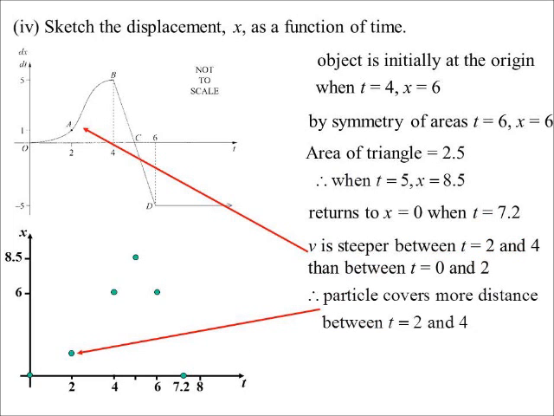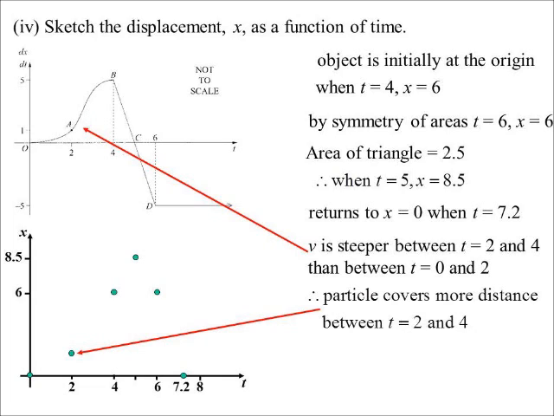This is a little bit of guesswork, I suppose, but if we look at the original graph, there's no question that v is steeper between 2 and 4 than it is between 0 and 2. Now this is a velocity graph, and we're saying it's steeper. What does that mean?